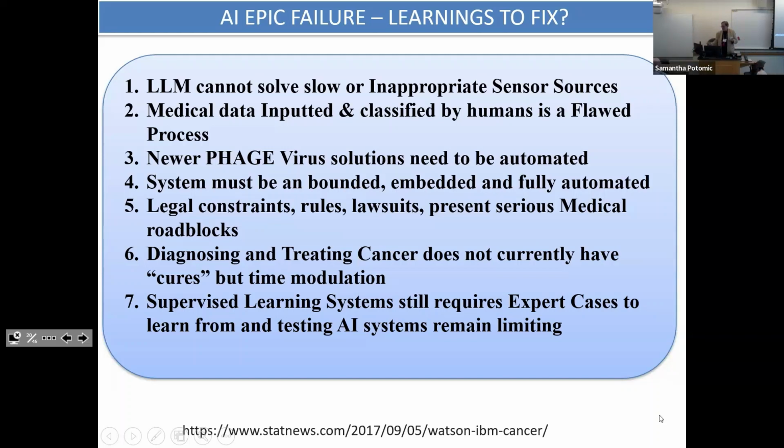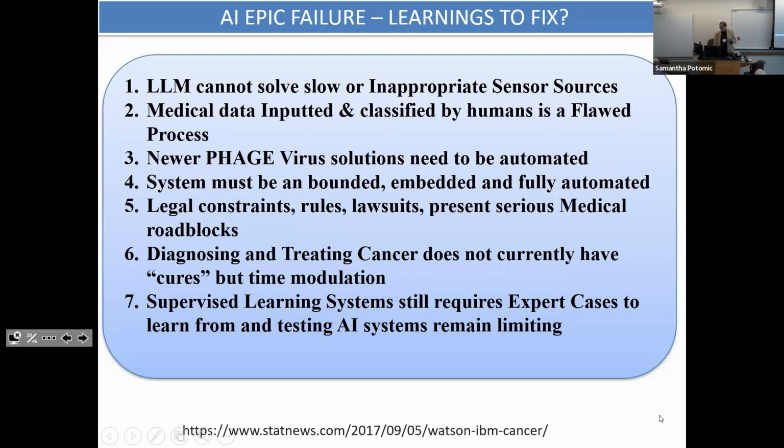Your whole heart of supervised learning, which is included in our latest systems, is only as good as the data records, the medical records that the doctor, nurse, technician is keeping. If that's flawed, guess what? Your data is flawed. So how much of this data is flawed? I don't know. So with Watson, a lot of the failure was its low percent accuracy.